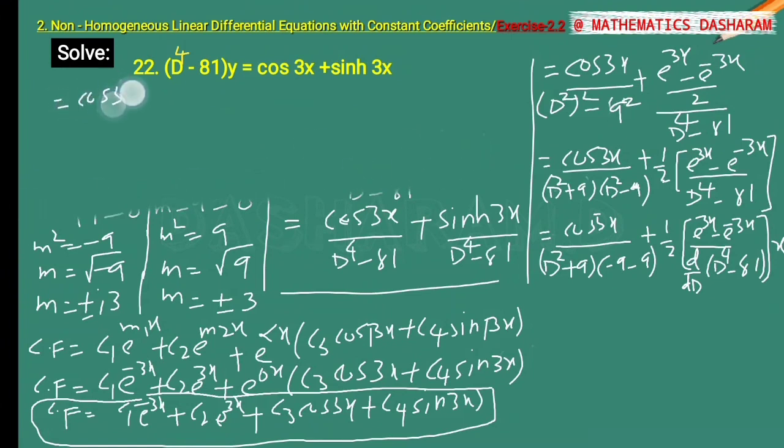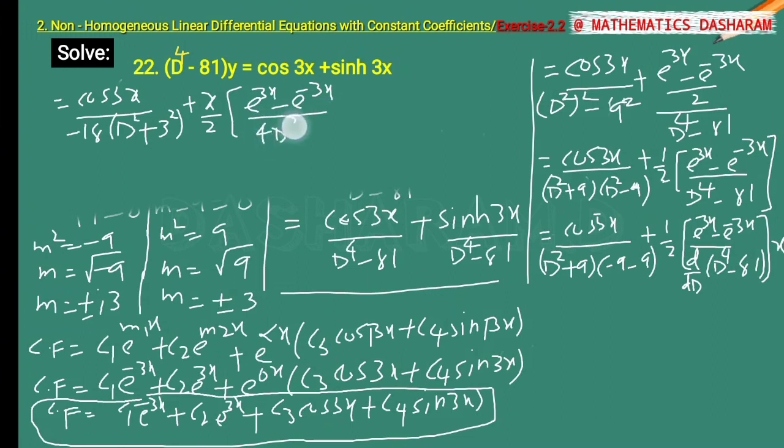So it is equal to minus 1 by 18. Here apply the formula, that is cos ax divided by D square plus a square equals x by 2a into sin ax. Okay, so as per this formula, x by 2a, 2 into 3, sin 3x plus x by 2.